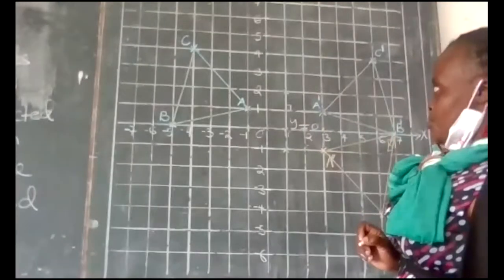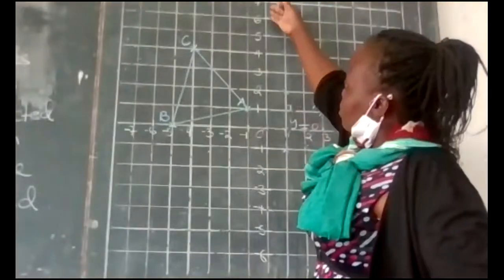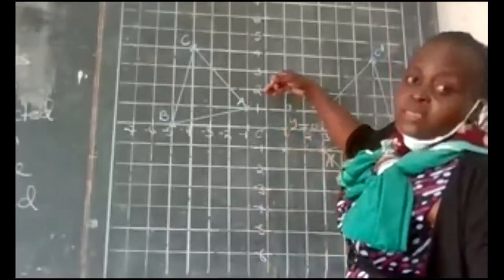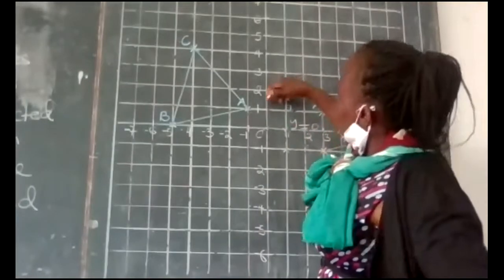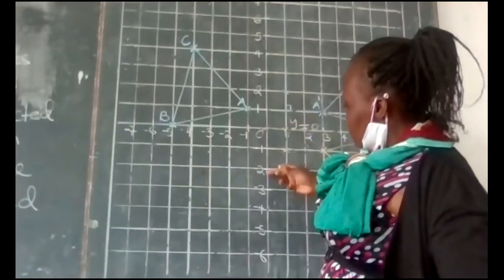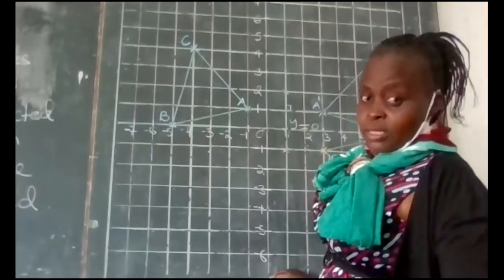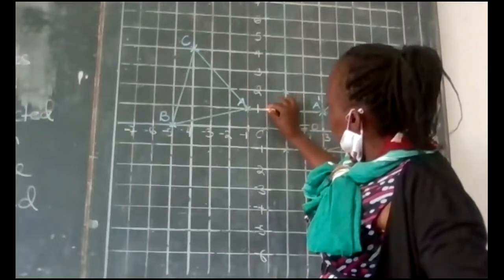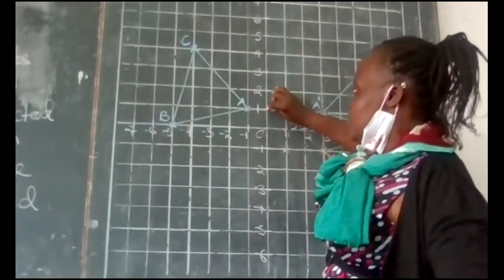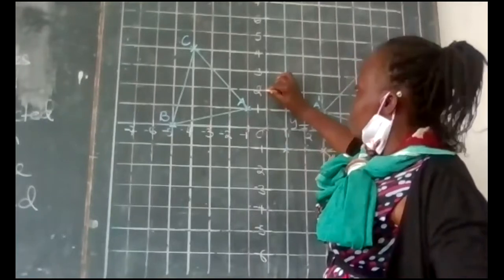Now, you don't have to confuse the two, because we also say that this vertical axis, which is the y-axis, is the same as x is equal to 0. Because everywhere along this y-axis, the x coordinate is 0. So if I plot here, the coordinates at this point are 0, 1. At this point, we have 0, 2.